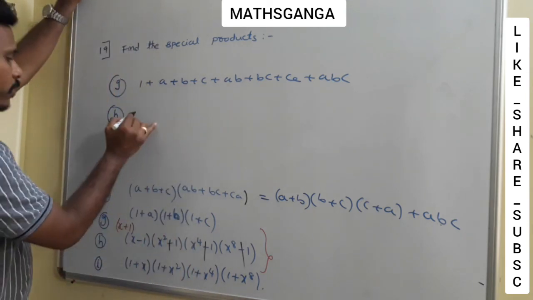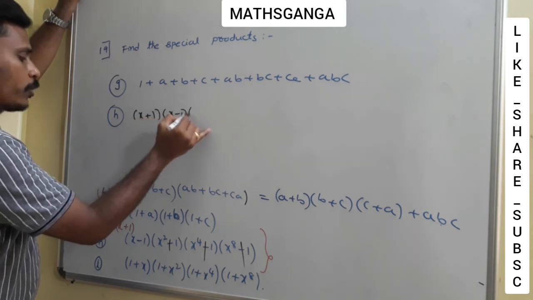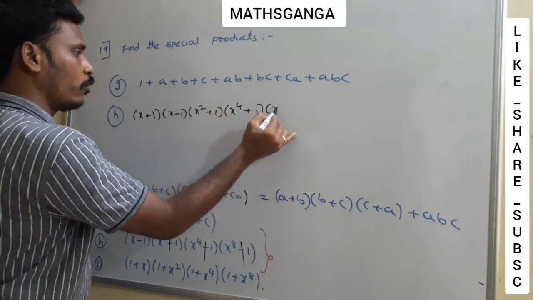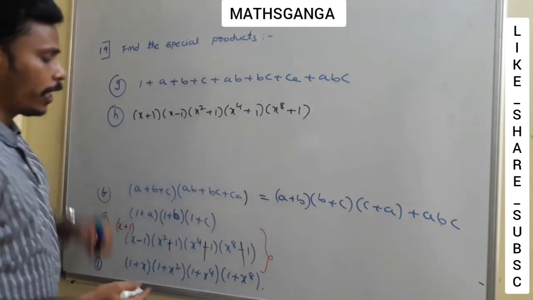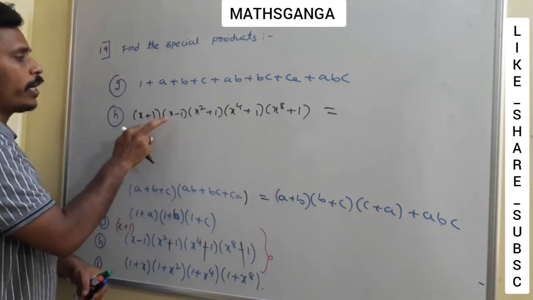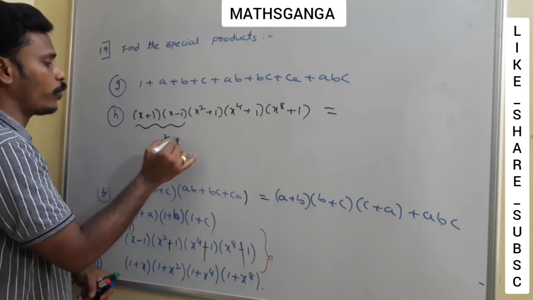Once again I will write for you (x plus 1) into (x minus 1) into (x square plus 1) into (x power 4 plus 1) into (x power 8 plus 1). That's what I need to give, but as a mistake I mentioned it differently there. But if you observe this now, (x plus 1) into (x minus 1) is what? This product is just x square minus 1.